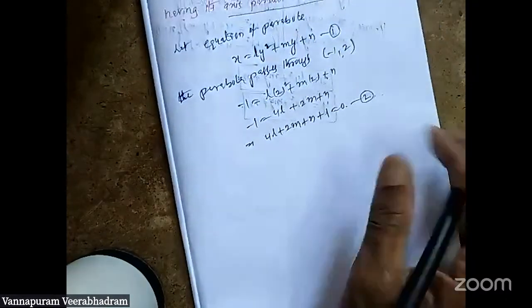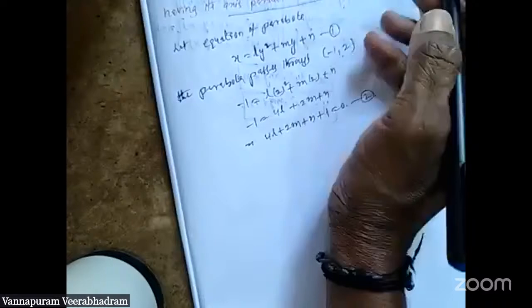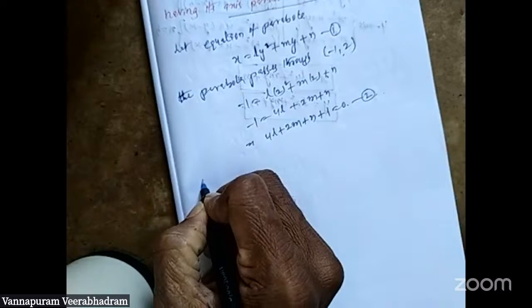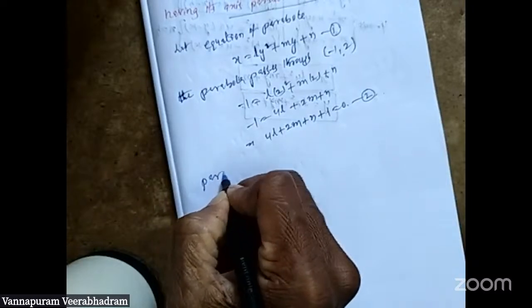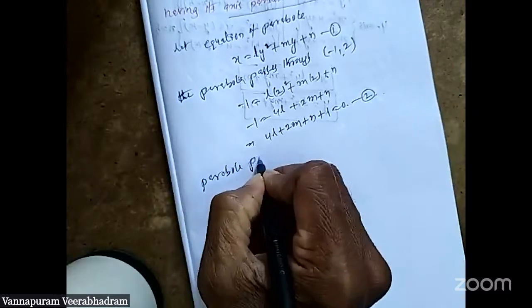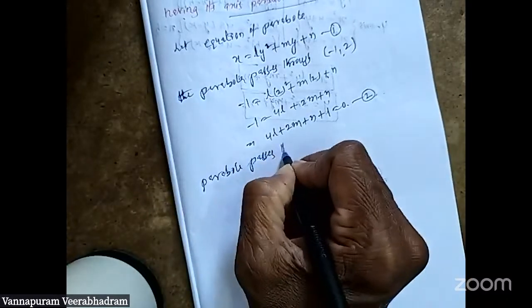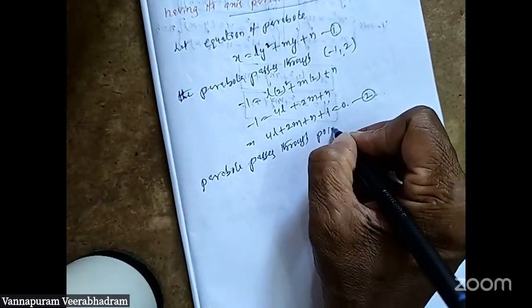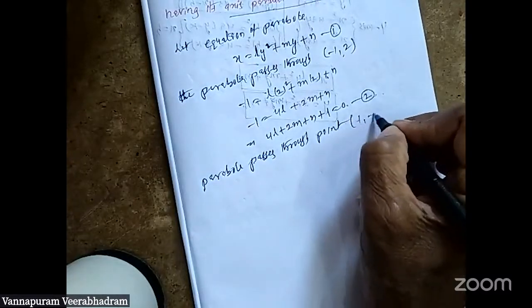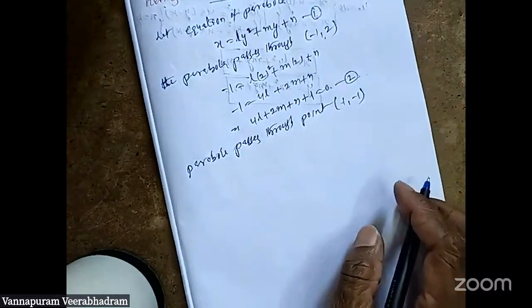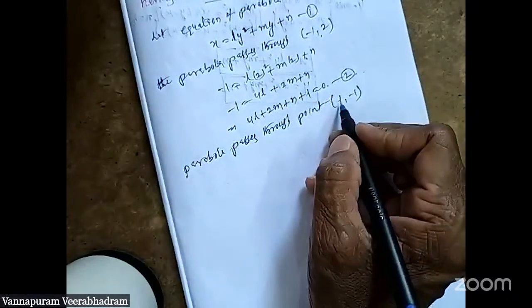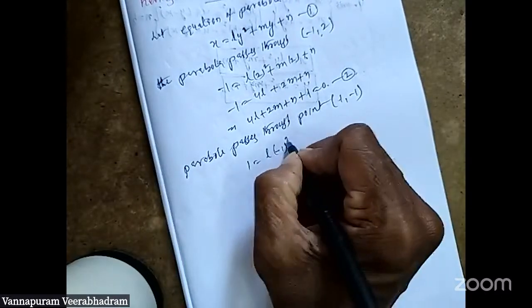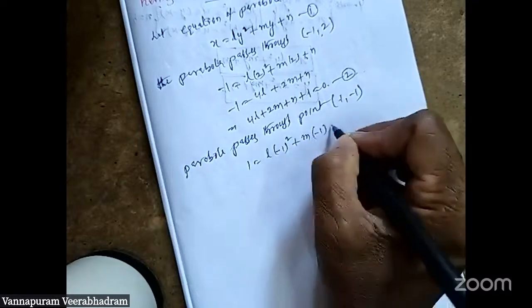Similarly, the parabola passes through the second point, that is 1 comma minus 1. Apply the point in the equation: here the x value is 1, so 1 equals L into y squared, that is minus 1 squared, plus m into minus 1 plus n.